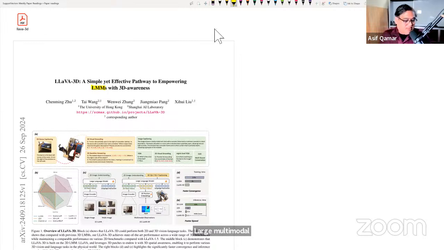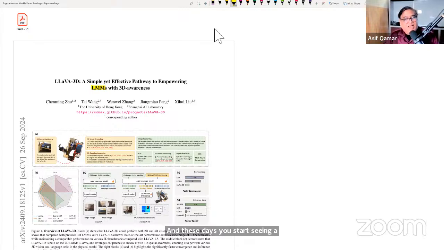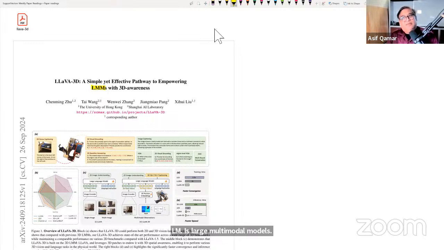When people use the word LMM, these days you start seeing a variation. LLM is large language model. LMM is large multimodal models. LAM are large action models, as an agentic framework and open function calling, and so on and so forth.